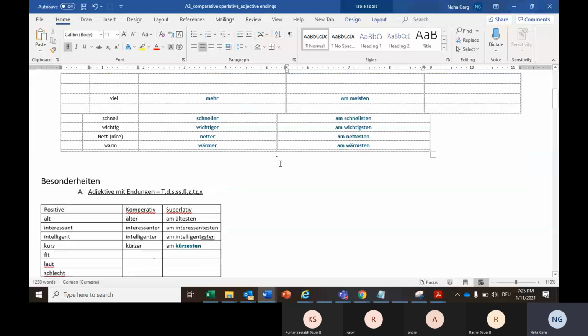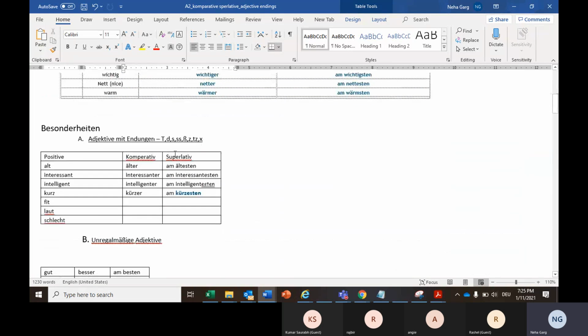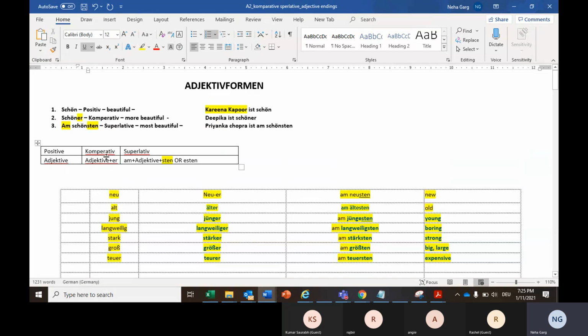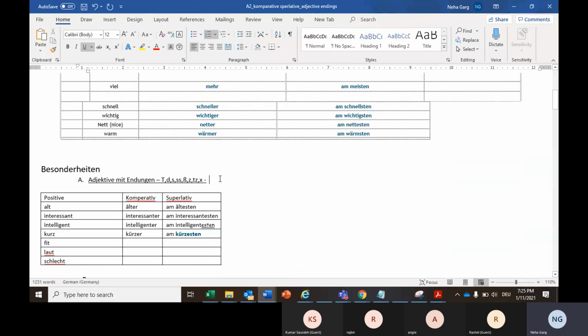Okay. Now I'm proceeding further. So this is one of the simplest forms of comparative and superlative I told you. Now there are some special cases also, some exceptions oder Besonderheiten, where adjectives have these endings. So once we have adjectives with these endings, what do we do in the superlative form?